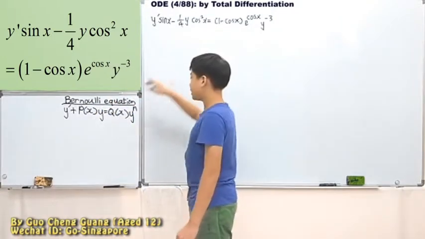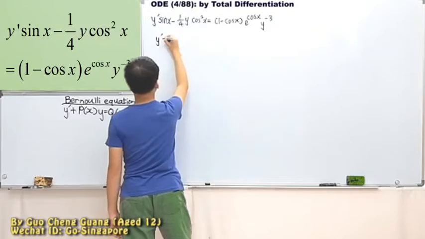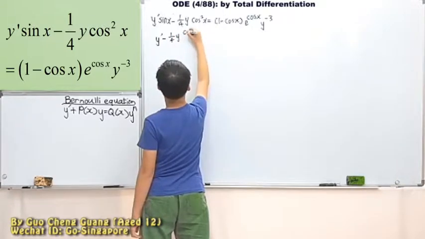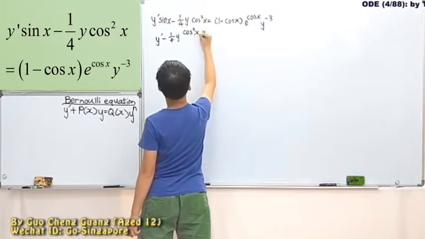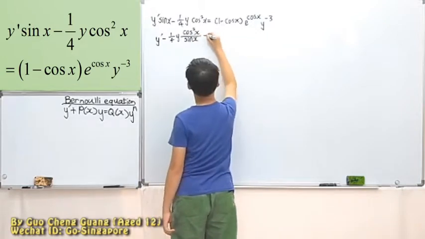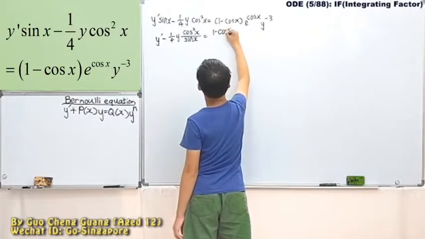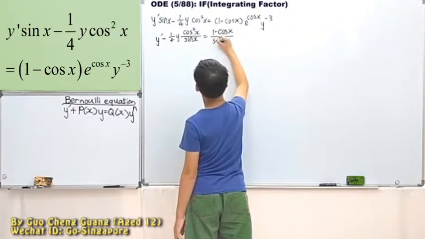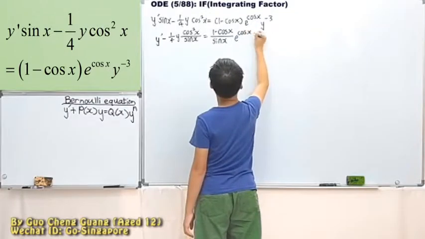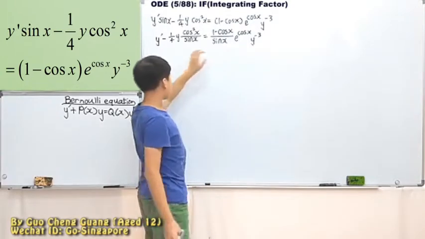So how about let's try to make it into this form first. So that means y prime, you have to divide sine x on both sides. Okay, so just get something like this.